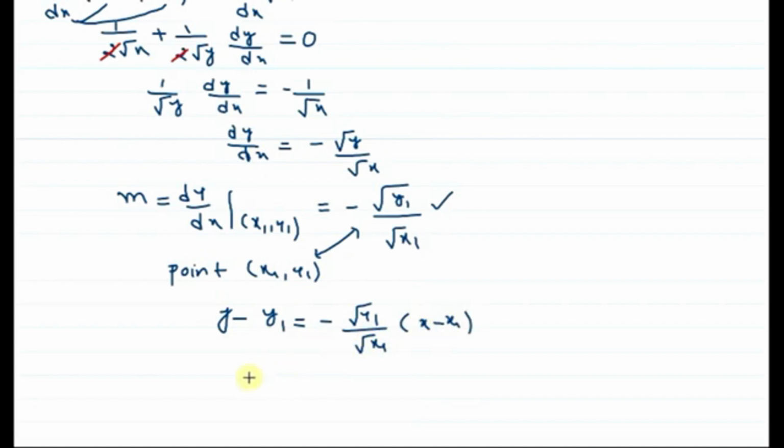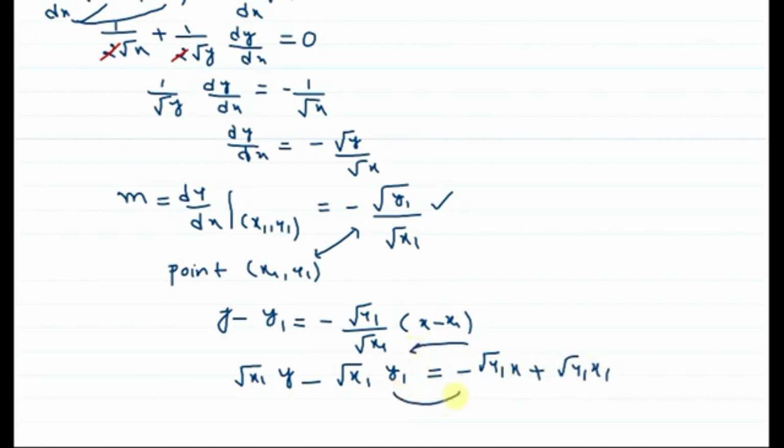Cross multiply, and you will get root x1 into y minus root x1 y1 is equal to minus root y1 x plus root y1 x1. Bring this term to this side and this term to this side.